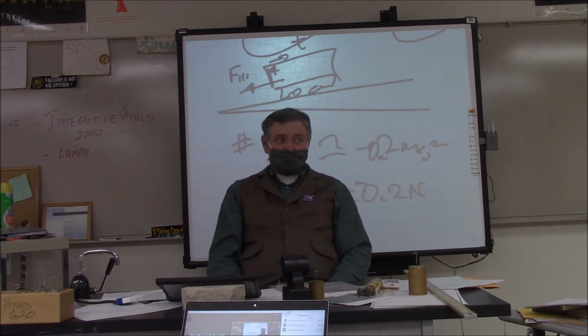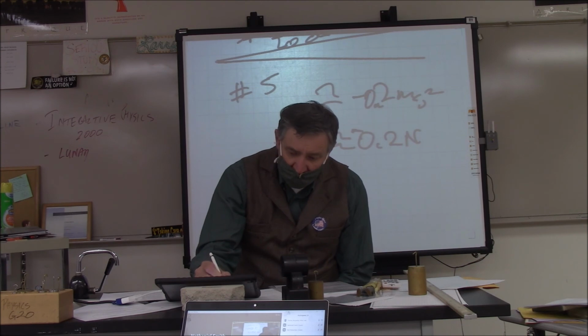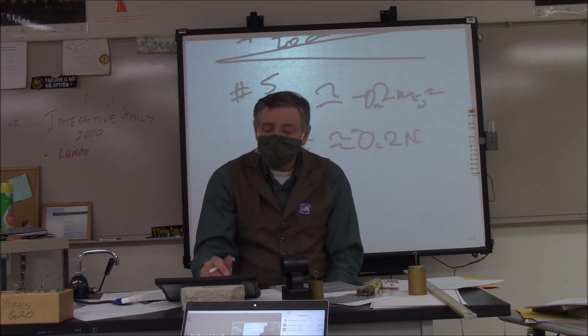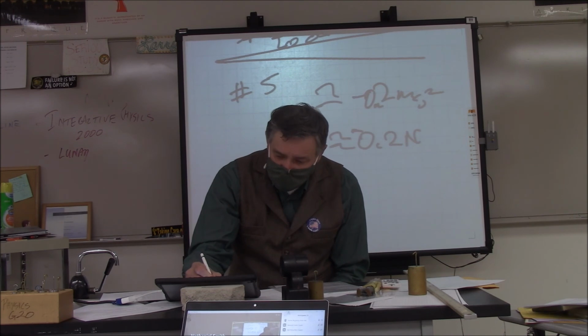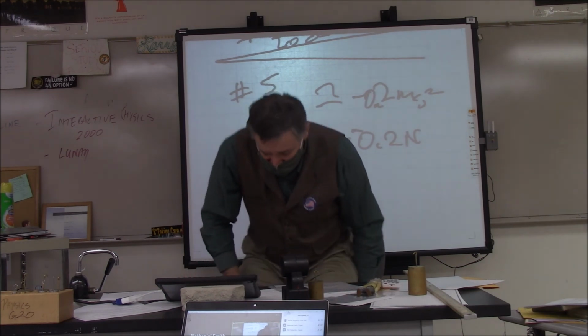Okay? So here's the deal. Think this through. You have a force parallel acting down that's about negative 0.3 newtons. Your net force acting down is about negative 0.2 newtons. So think this through.